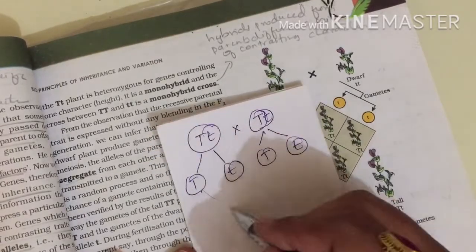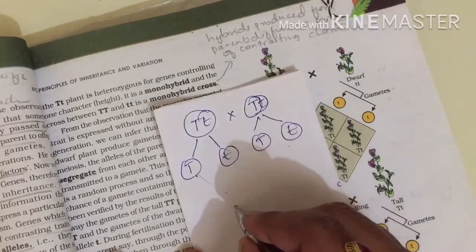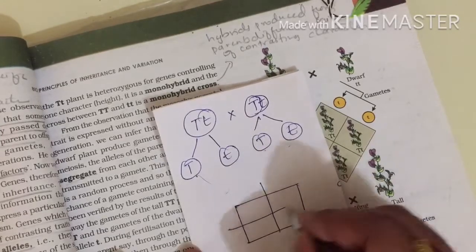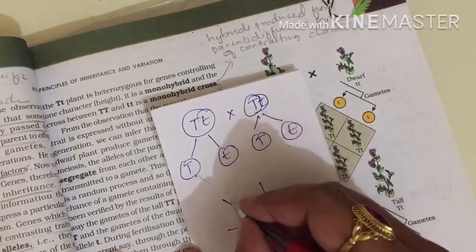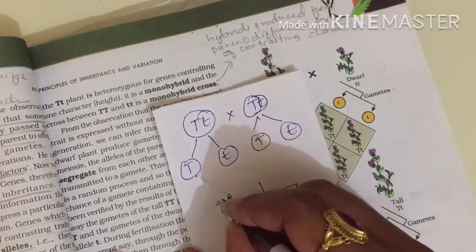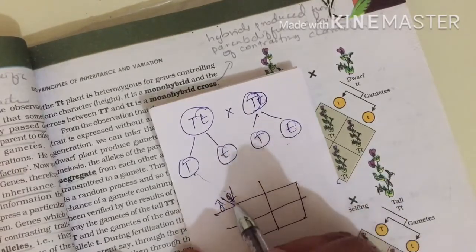Now we have crossed like this. Okay, in the previous one, what you can do is you can plot a box, something like this. Now on the one side we are showing female and male.